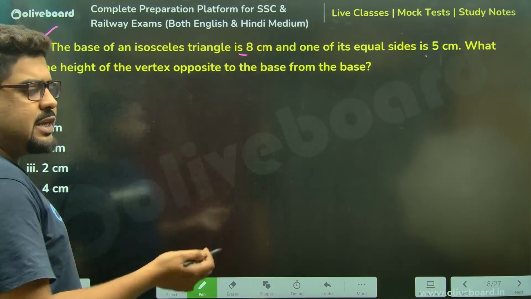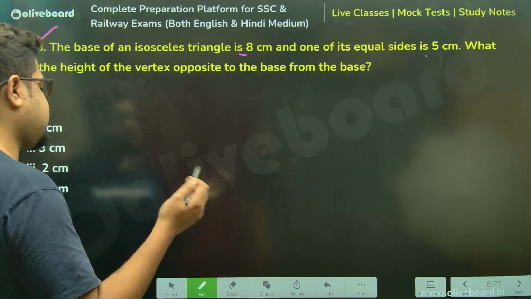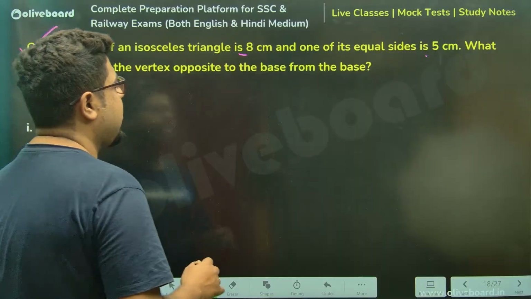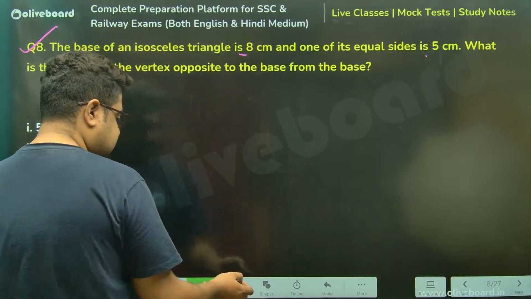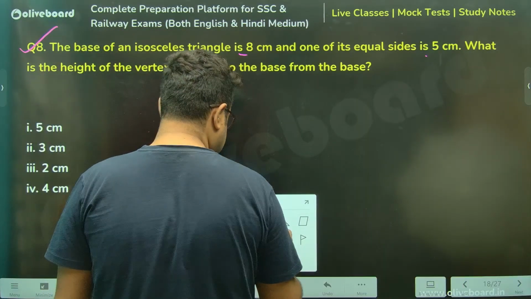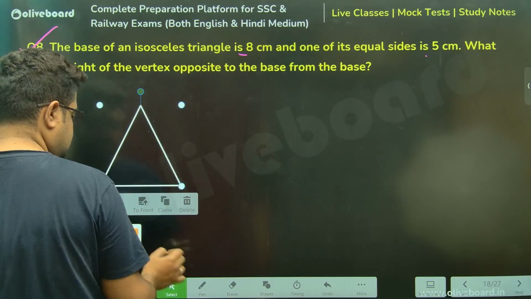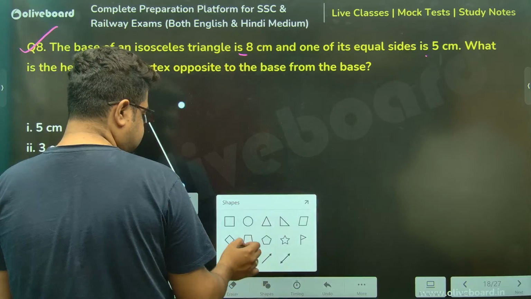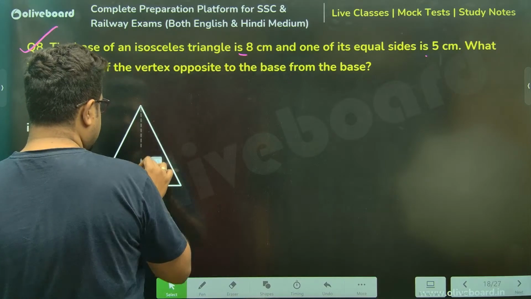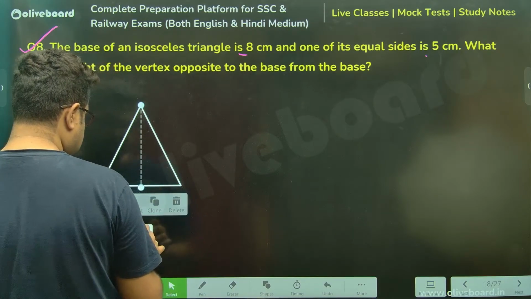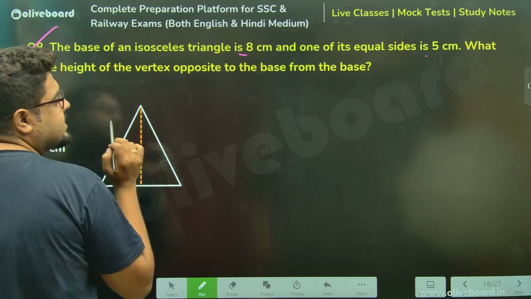Okay, it's very simple. They are asking a very simple question, sir. They are asking this height.